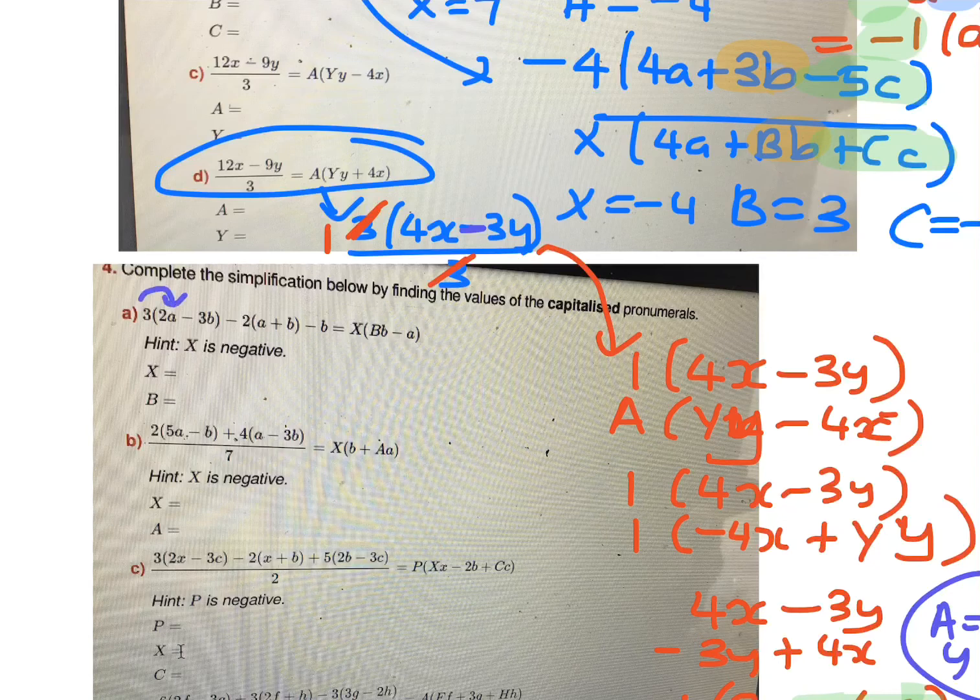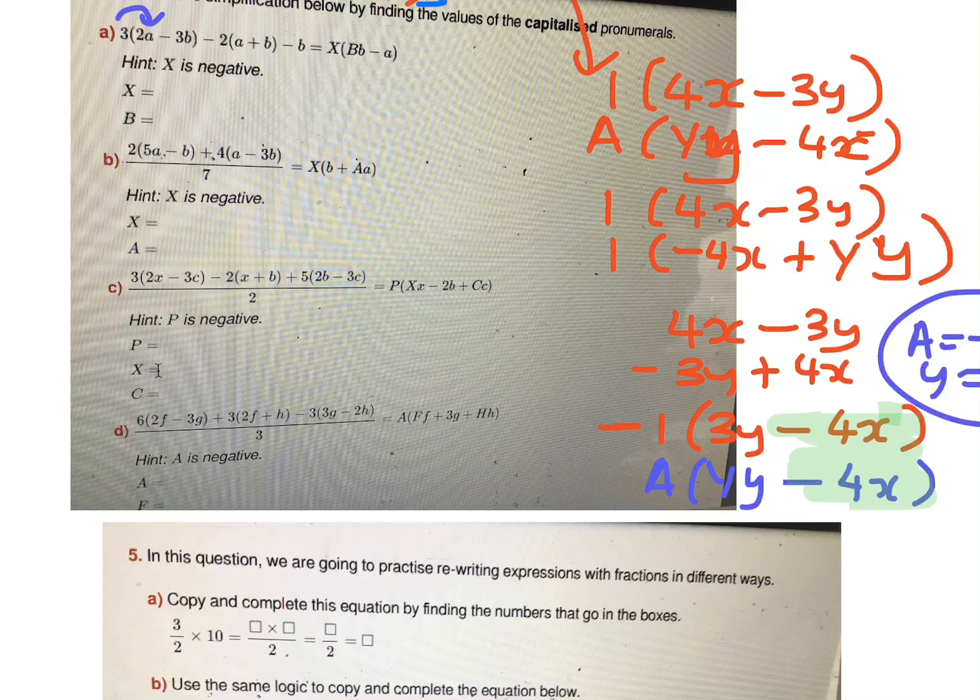So with these, I'm going to go straight to the one at the end, because it's probably one of the hardest. You get 12f minus 18g, and then plus 6f plus 3h.